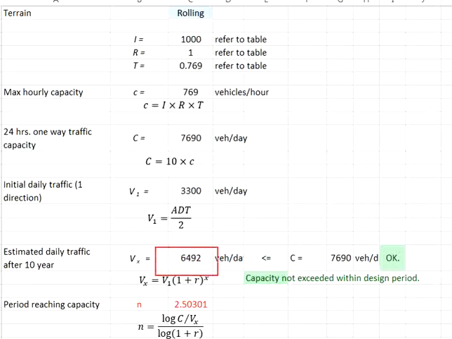Compare the traffic volume with the traffic capacity that we calculated previously. The capacity is greater than the traffic volume after 10 years. Therefore, you know that the capacity is not exceeded within the design period.